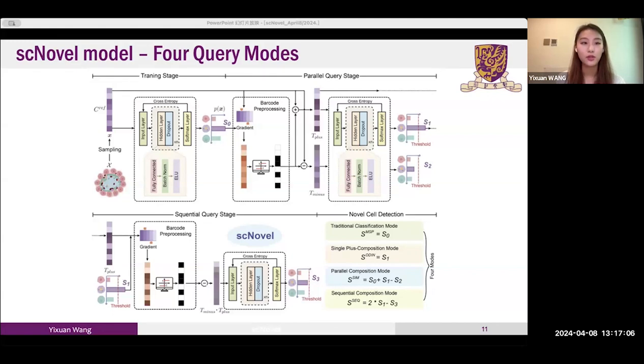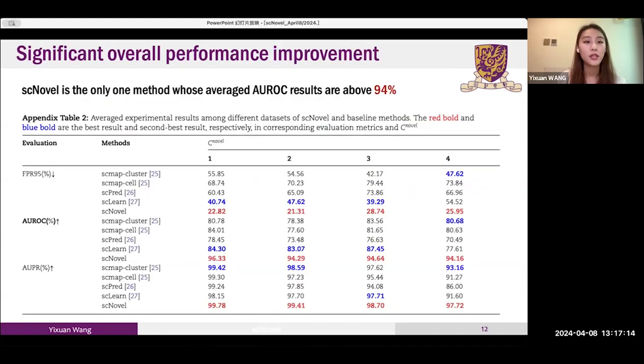Now let's move on to the experimental results of scNovel. Here, the table shows the average experiment results across different datasets of scNovel and the baseline models. The red bold and the blue bold are the best result and the second best result respectively.